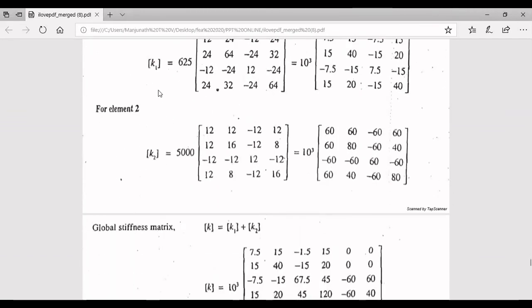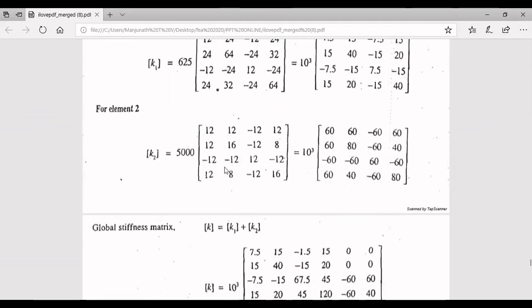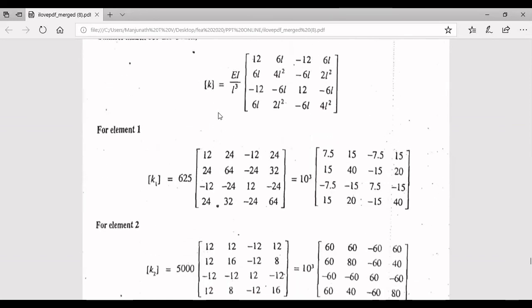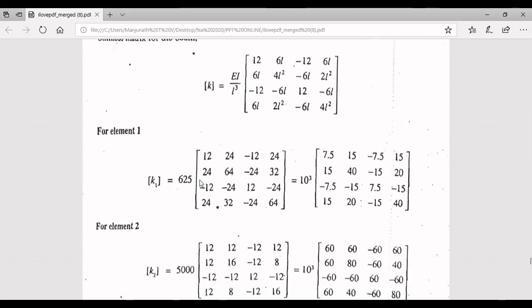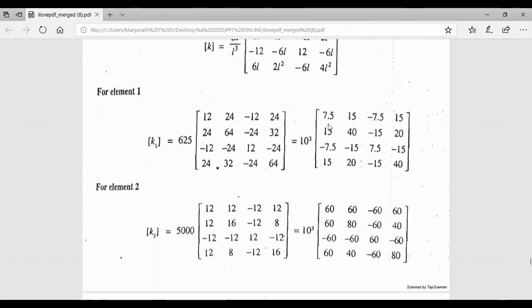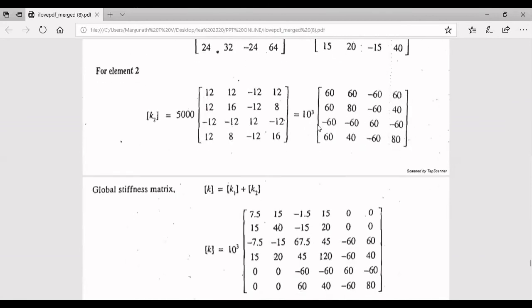Once you get the elemental stiffness matrices for the first and second elements, add them following the same procedure to get the global stiffness matrix. The 62.5 or 625, you multiply with this, so you are going to get 10 to the power of 3 into 7.5. Multiplying for both elements, you are going to get these values.